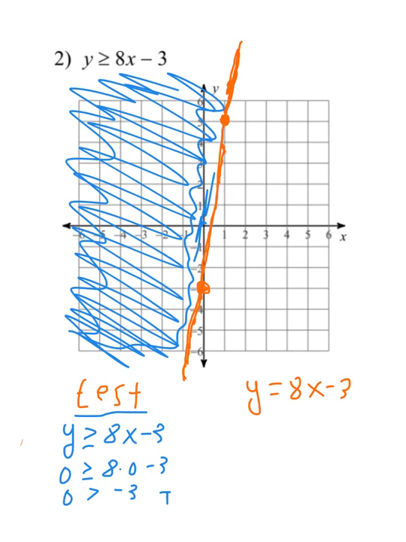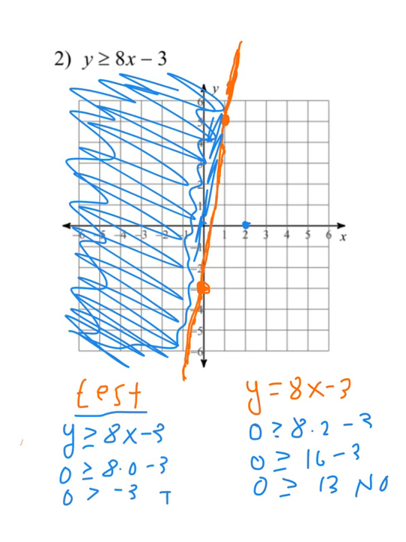Now let's say that you picked a different point. Let's say that you picked 2, 0, just for fun. So then I get 0. Is that greater than or equal to 8 times 2 minus 3? Is 0 greater than or equal to 16 minus 3? Is 0 greater than or equal to 13?